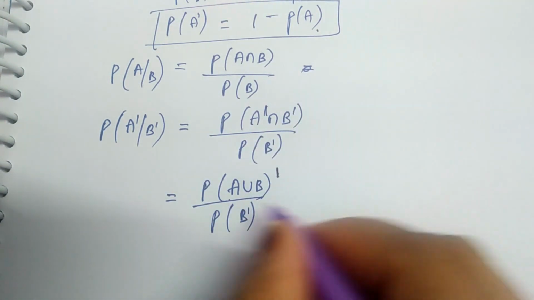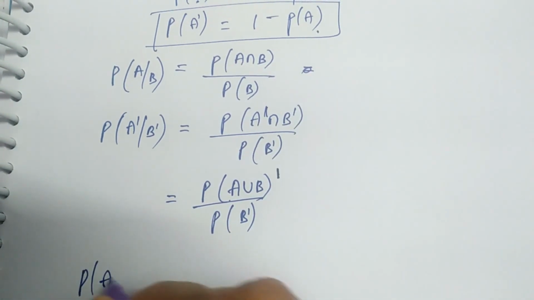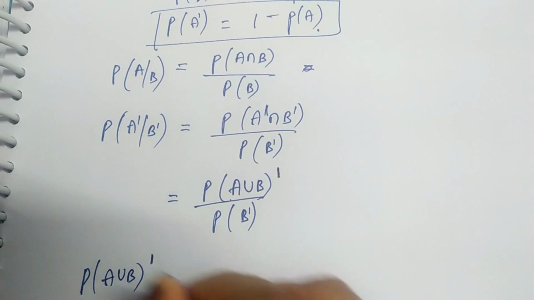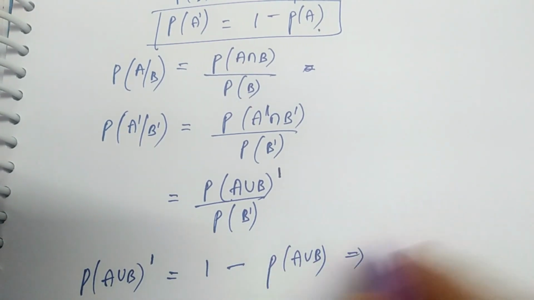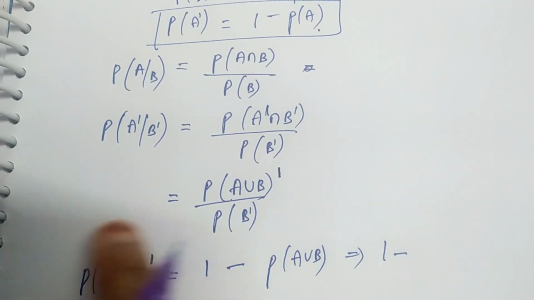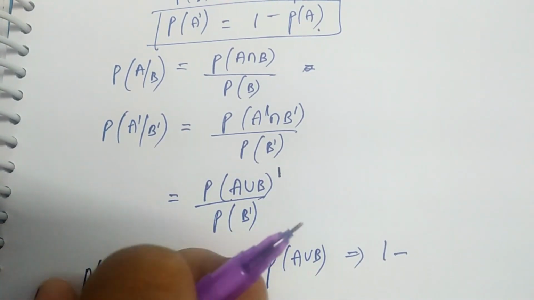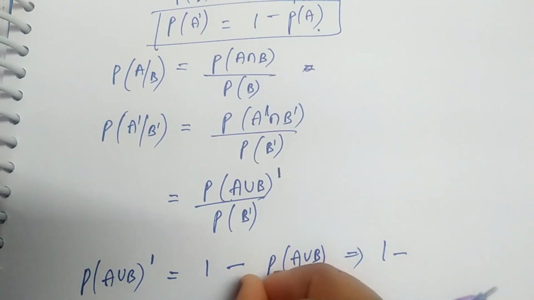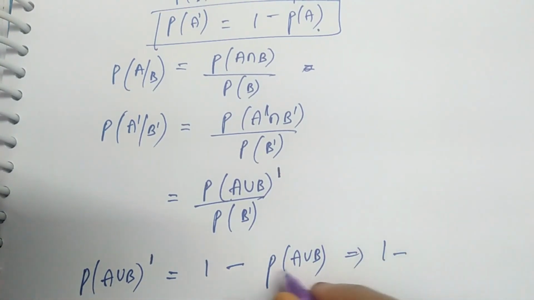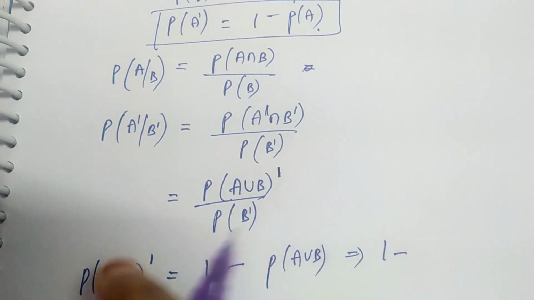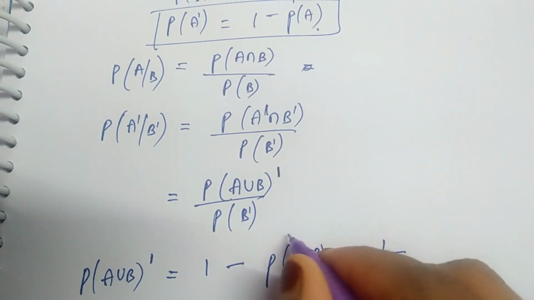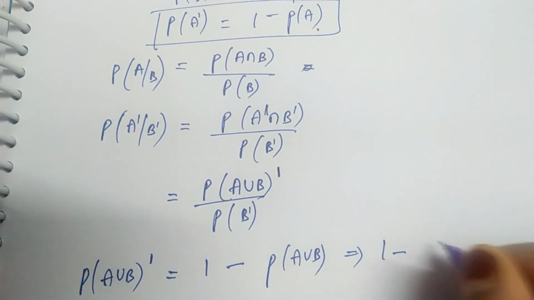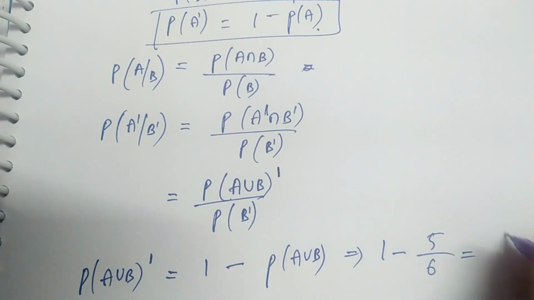Probability of (A union B) dash is nothing but 1 minus probability of A union B. The probability of not happening of the event is 1 minus the probability of happening of the event. We are not directly given (A union B) dash, so we use this formula: 1 minus 5 by 6, which is 1 by 6.